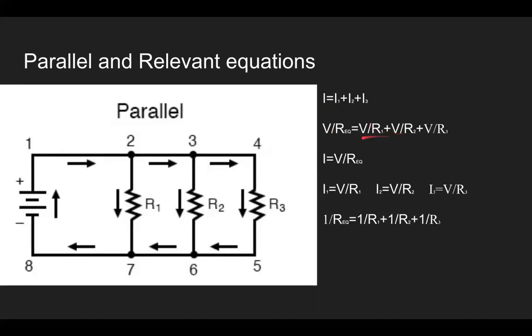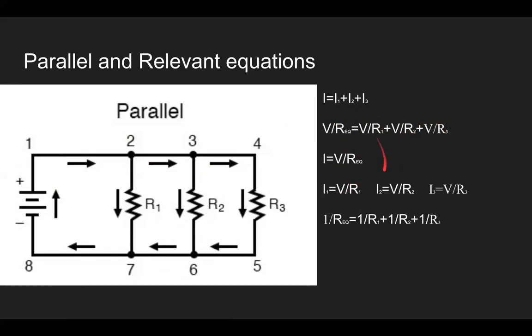In parallel circuits, the current equals I1 plus I2 plus I3, so with the equivalent resistance, it would be I, but it's V over R1 plus V over R2 plus V over R3, substituting in because I equals V over R. So it's all kind of the same thing.